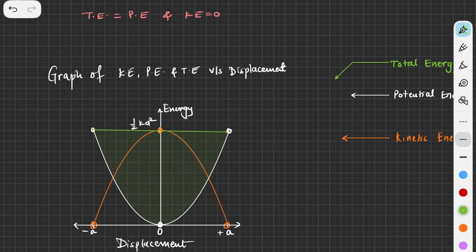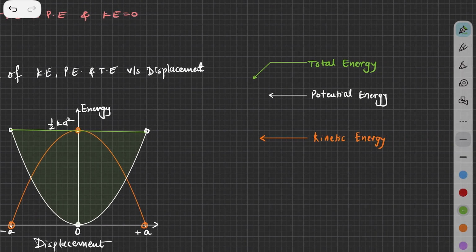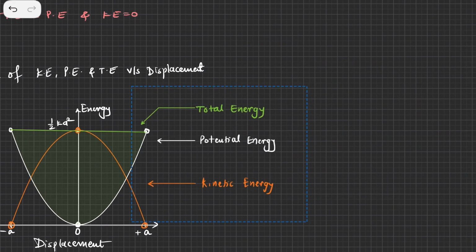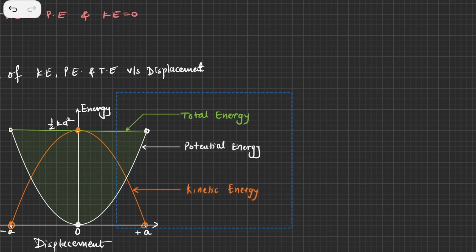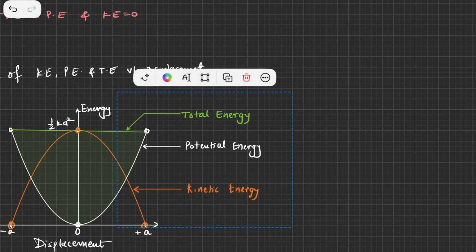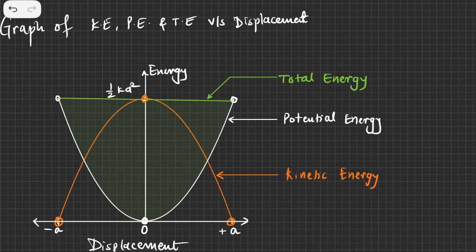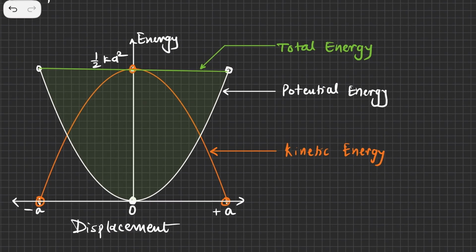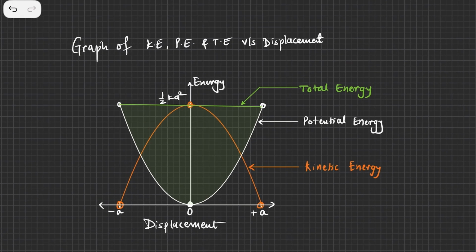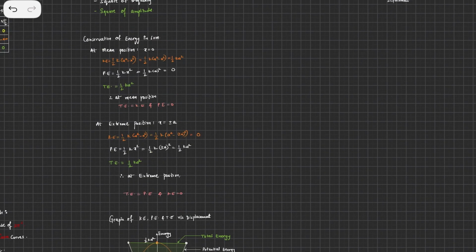I'll just move this so that we can name them. If you see, it matches perfectly. So the green line is the total energy graph, the white line is the potential energy graph, and the kinetic energy is the orange line graph. So this is all we have done today.